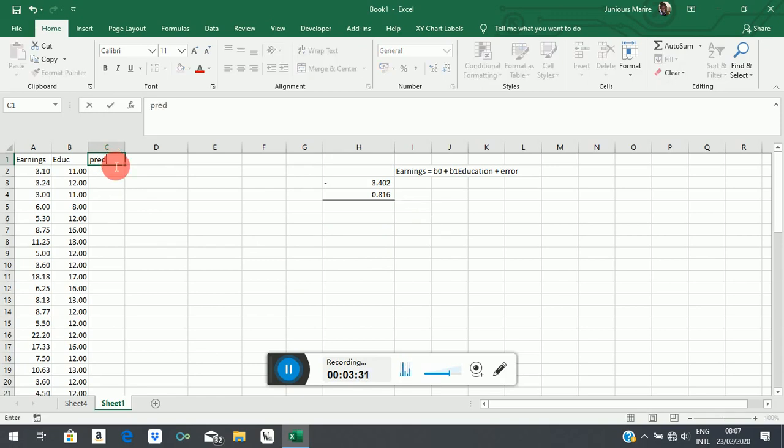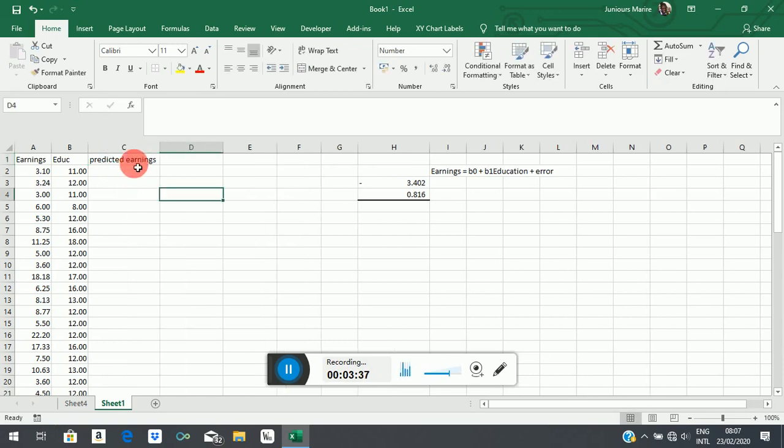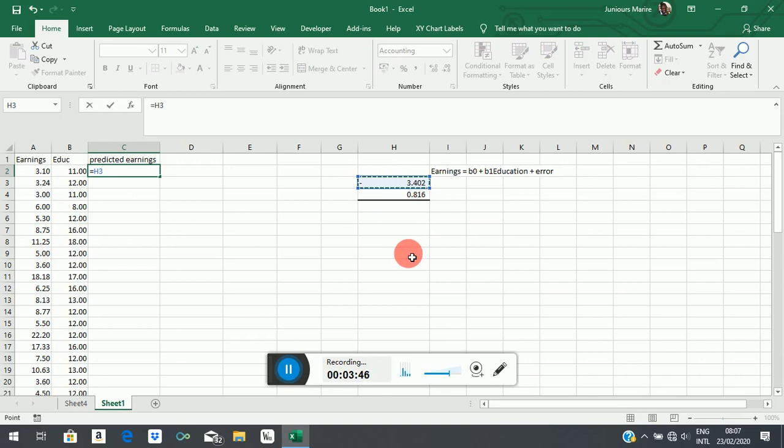Right, so now let us proceed and say, what is our predicted earnings? To say it's predicted means it's being predicted from our regression. Our regression has this constant, or intercept, minus 3.402, plus this slope coefficient times a value of x.